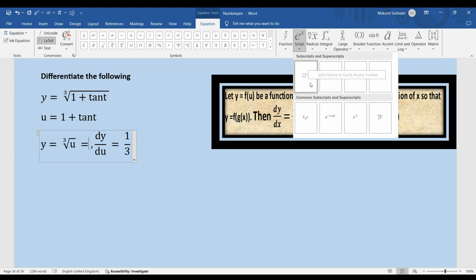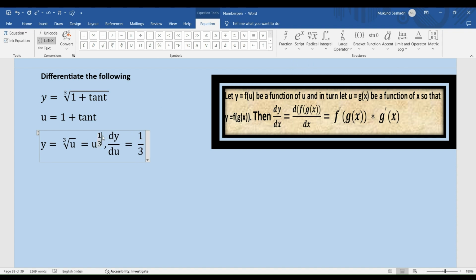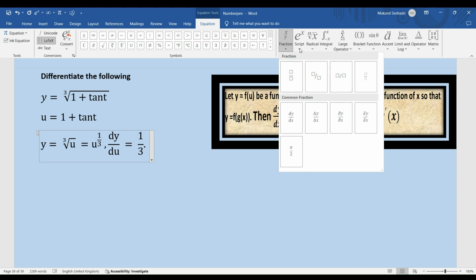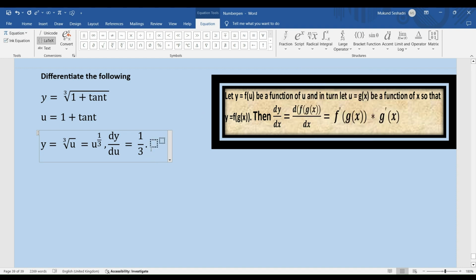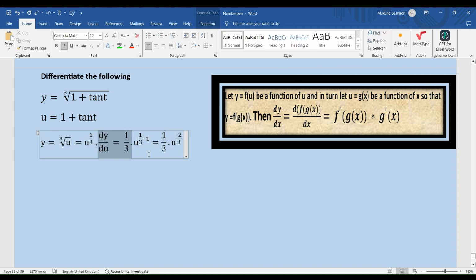So dy by du is n times u to the power 1 by 3 minus 1, which is 1 by 3 times u to the power minus 2 by 3. So there I have my dy by du. Let me highlight this in green.